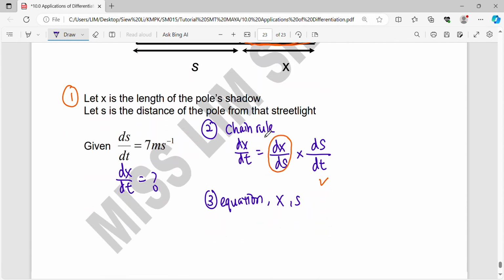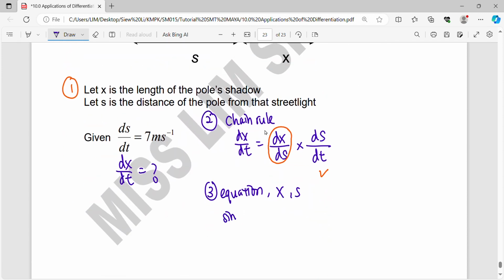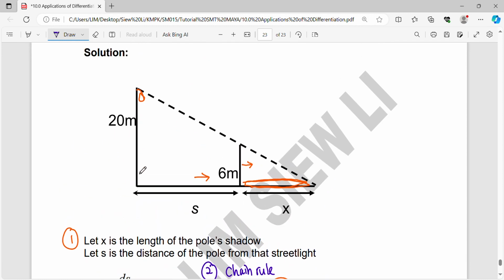Again, with the similarity of the triangles, we can form our equation. Look at the big triangle here. The big triangle and the small triangle both have the same 90 degree angle, and they share the same vertex. So they have two angles that are similar.